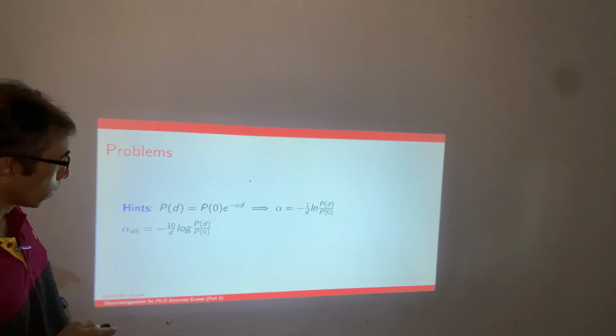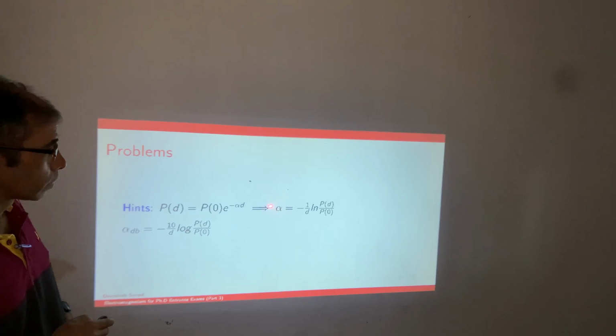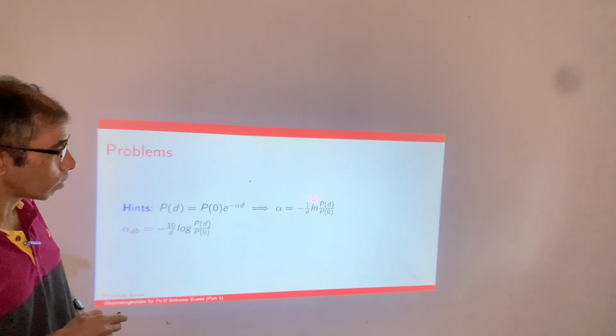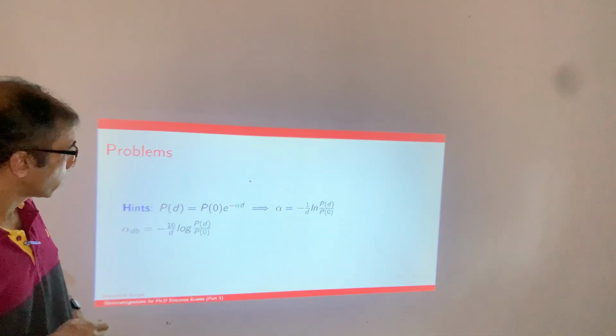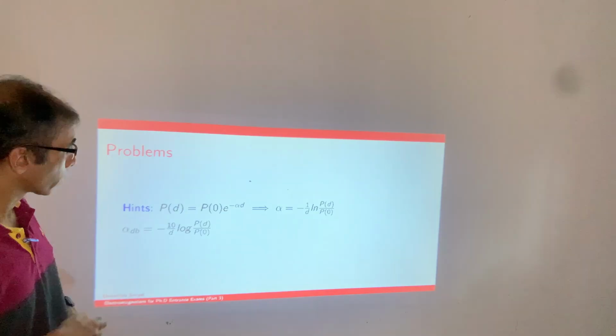So now this is the loss factor, and its dimension is 1 by distance, but there they have given it in terms of decibel per kilometer.